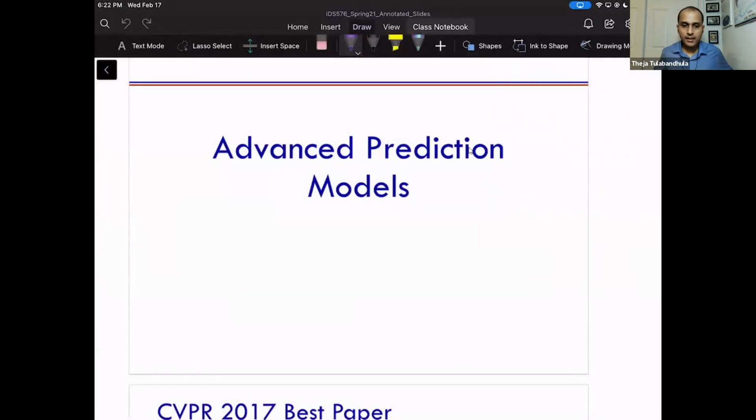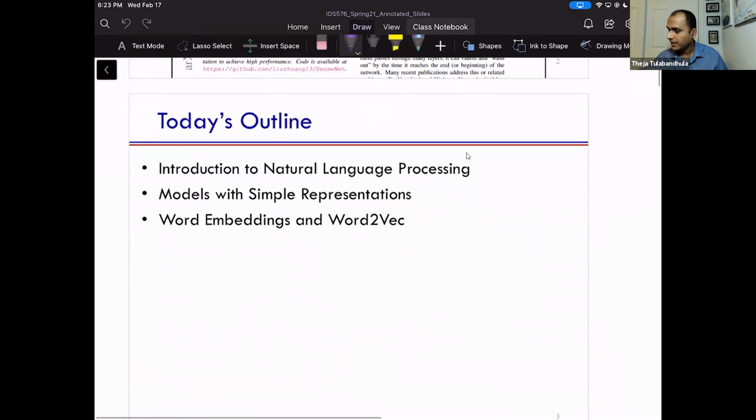With that, let me jump over to the annotations. Yeah, so I just mentioned that.